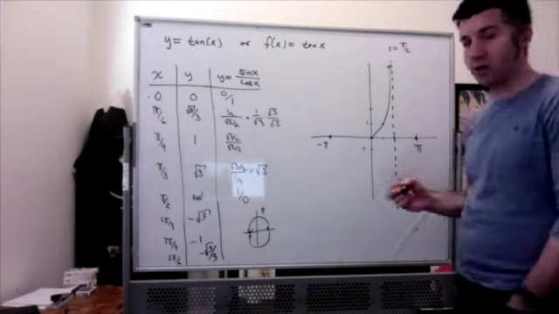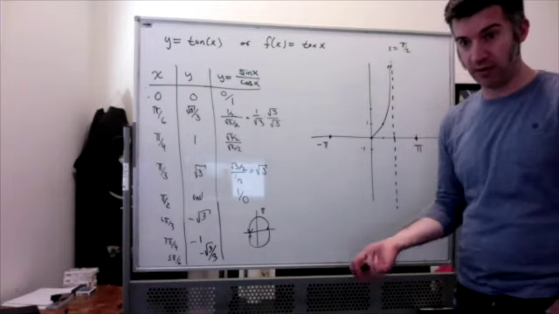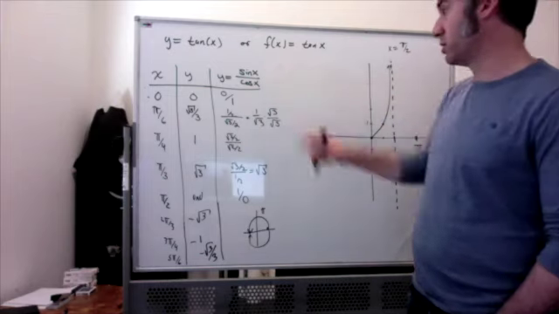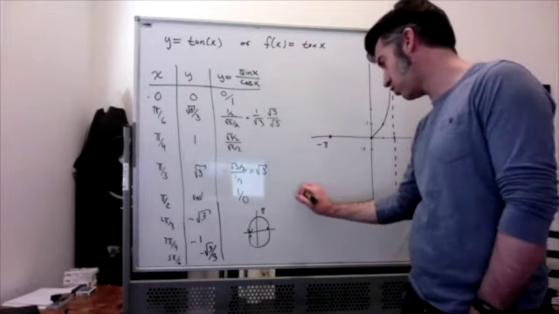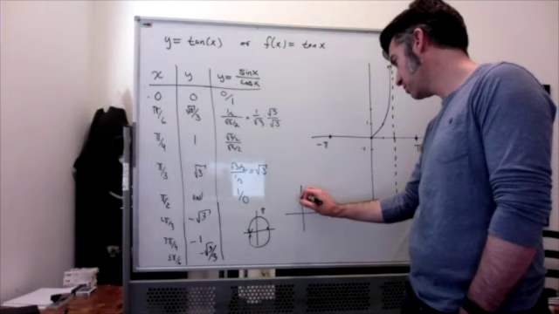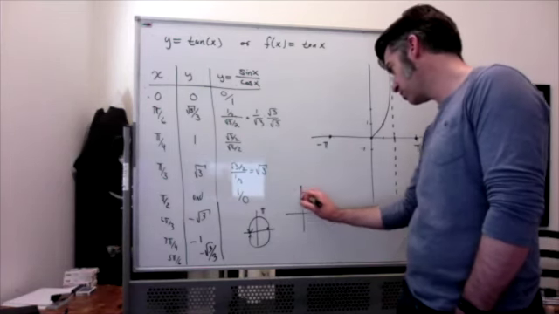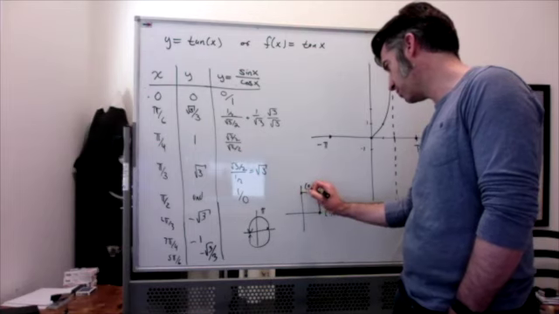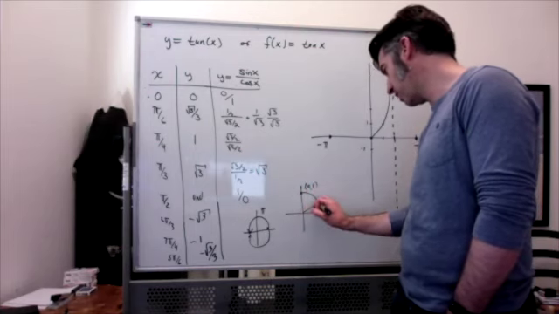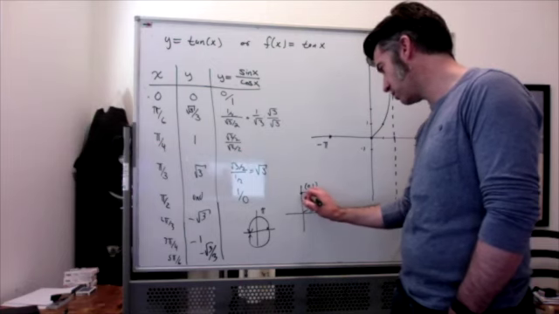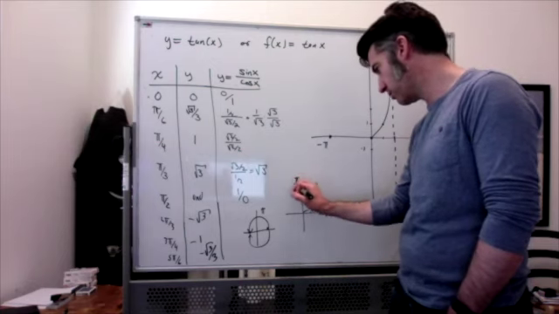So here's a couple things to think about when you're graphing this. When you're looking at sine over cosine, and you're in, say, the first quadrant of the unit circle, this point is (1, 0), this point is (0, 1), and your angle theta is moving closer and closer to pi over 2 radians.